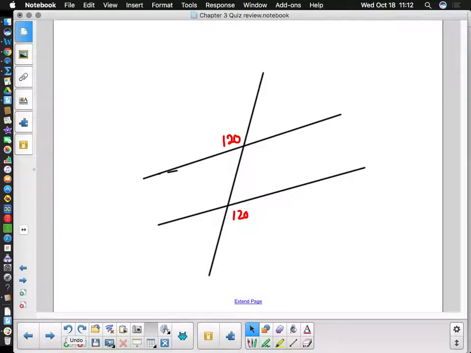Alternate exterior angles converse. How about now? Be the X. So vertical. No. Okay. And vertical angles, is that converse? Is that such a thing for proving lines parallel? Is there a vertical angles converse to prove? No, there's not. They are vertical angles. That is correct. But there's no vertical angles converse theorem for proving lines parallel. Okay? So that's probably a better example than the right angle one.